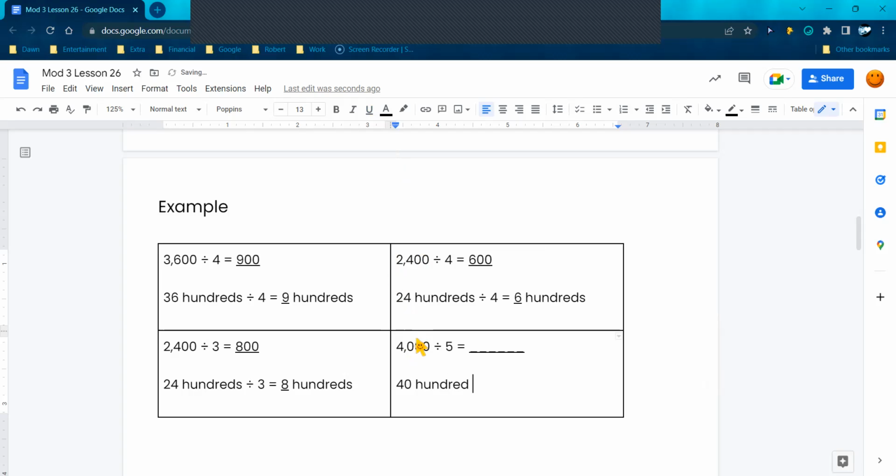Okay. And I did that because I knew I could take 2 zeros off and 5 would go into 40. And that's an easier number to deal with. I knew I couldn't take all 3 off because 5 does not go into 4 nicely. Well, you can't pull 5 out of 4. So that's the reason I went with 40.